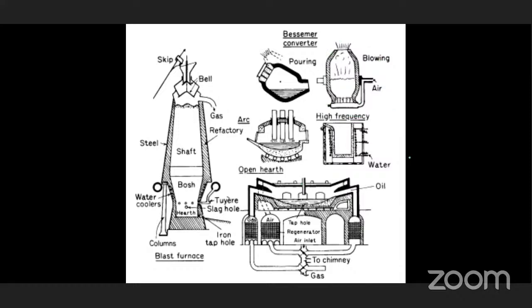The slag produced in the acid Bessemer process is acidic in character. That means the slag produced in the acid Bessemer process is acid in character. The sulfur and the phosphorus in the original pig iron are therefore not reduced at all.